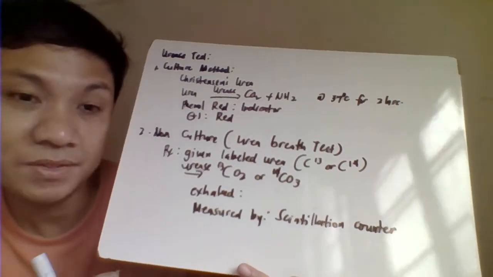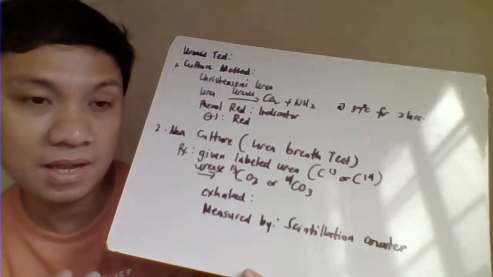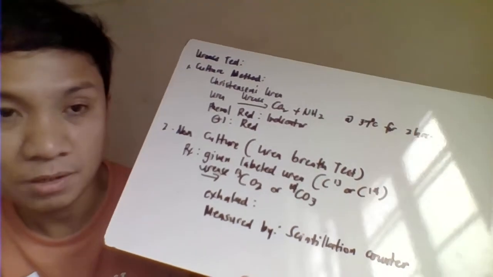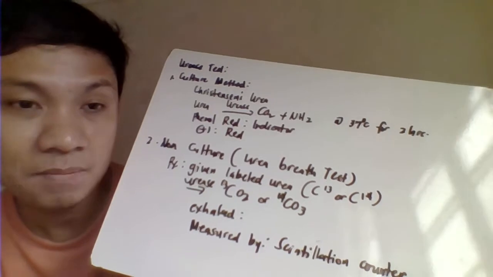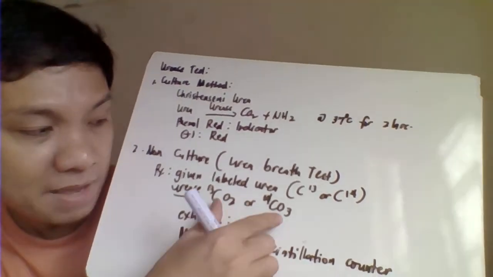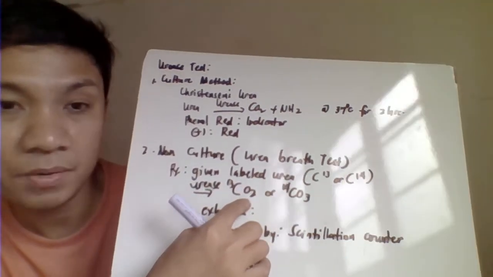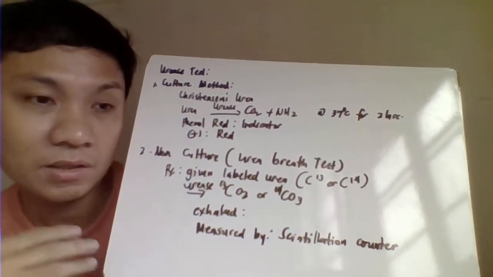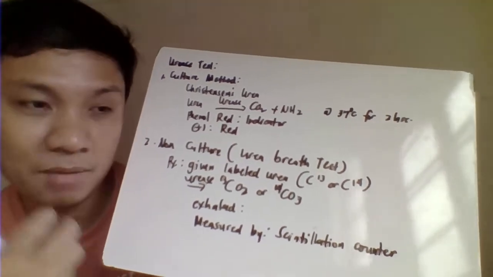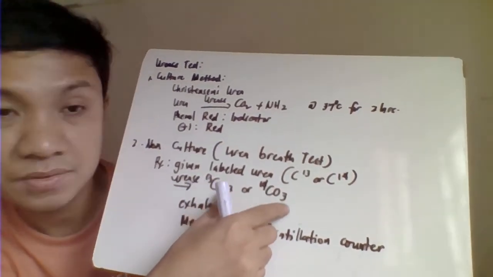So if this would be absorbed by the patient sa kanyang blood circulation, if the patient has been infected by the bacteria Helicobacter pylori, the bacteria itself, since it contains the enzyme urease, your labeled carbon will be converted to your carbon dioxide. And then, all you need to do is just allow the patient to exhale. So, pag ibubuga ng patient, and then try to measure the carbon dioxide.